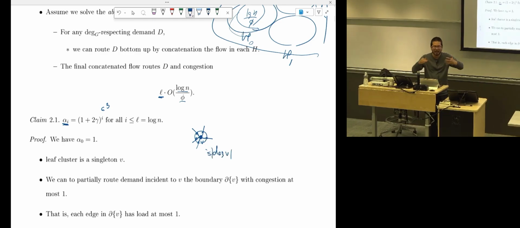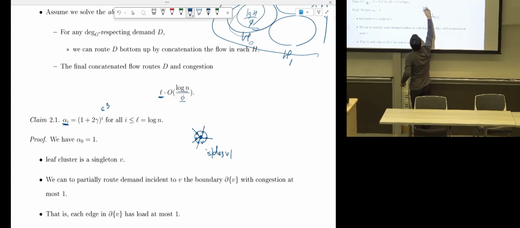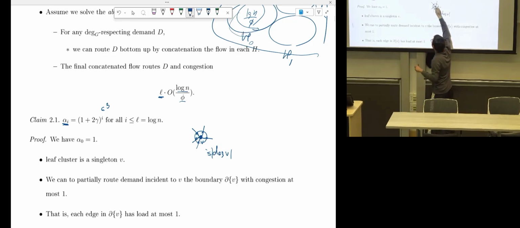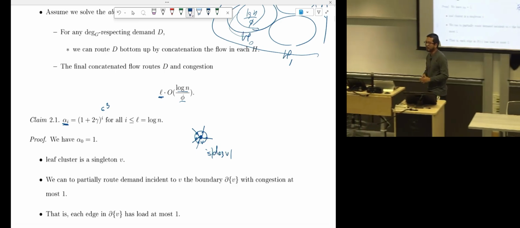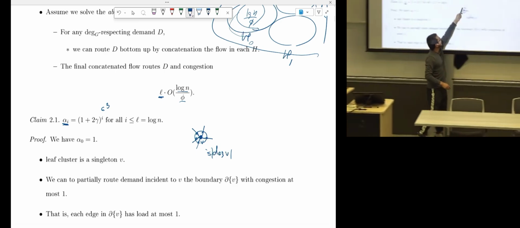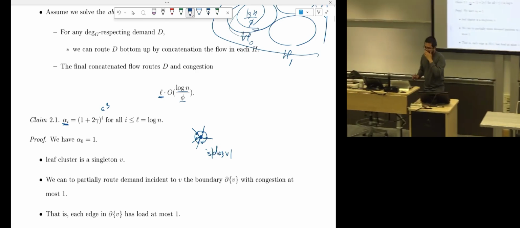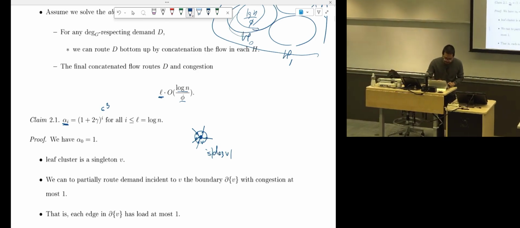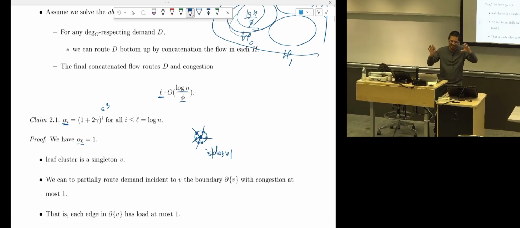The total demand out of V is at most the degree of V. So sending this almost trivial flow to the battery is just congestion 1 at most. The total capacity is the degree, and you try to route at most the degree. So the load that the battery of this trivial cluster gets is at most 1.